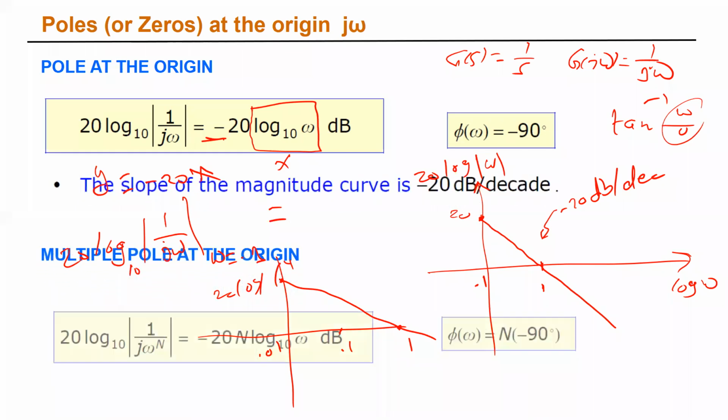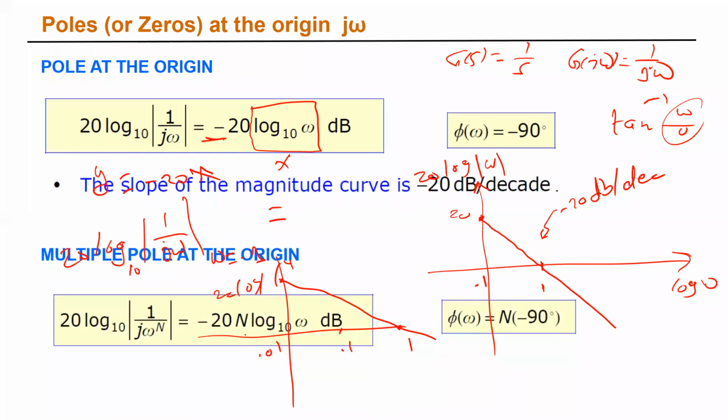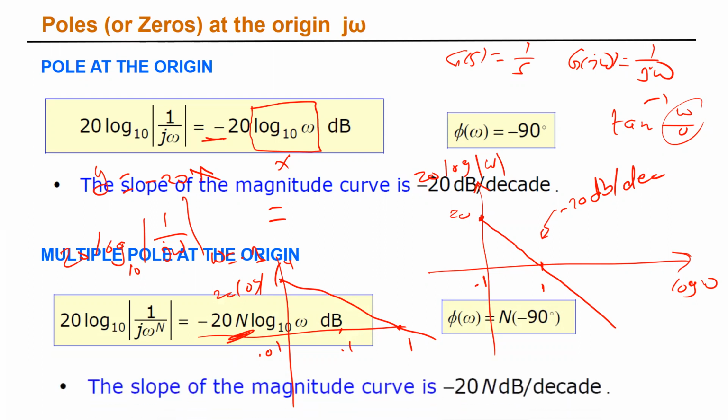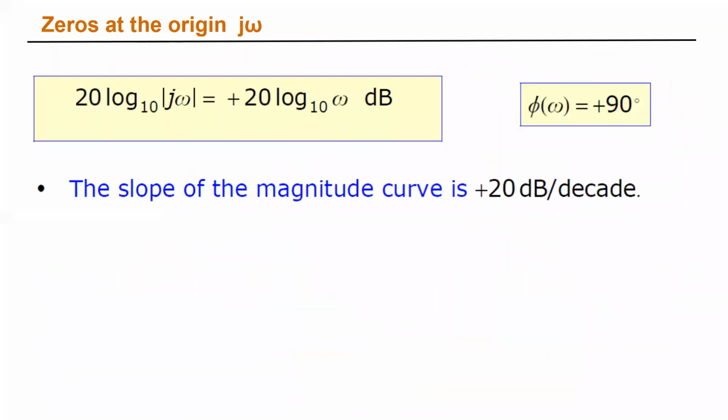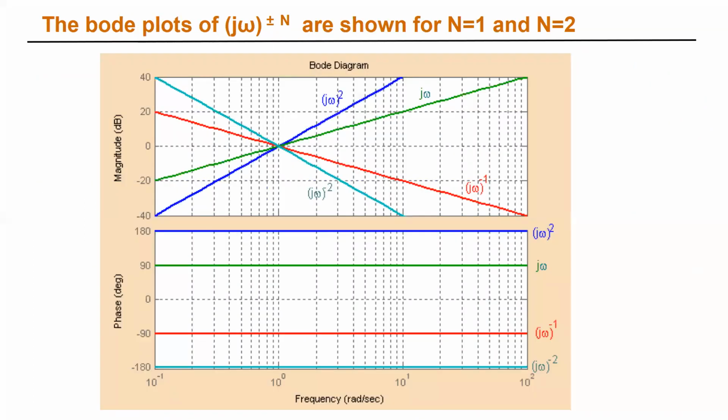That's basically if I have n of them, I multiply by n, the 20 multiplied by n. So if I want to graph them, of course, the angle is going to be multiplied, minus 90 multiplied by the number of poles which I have. This is the zero.